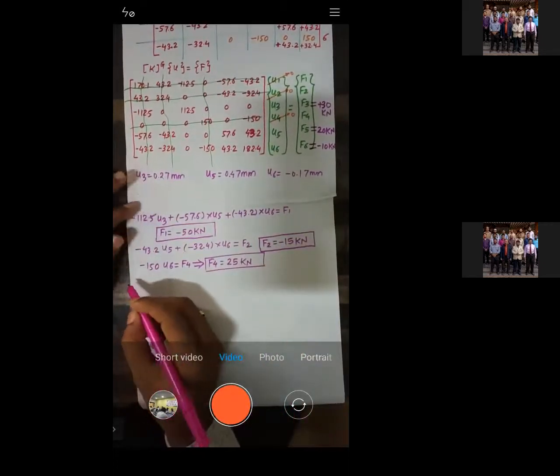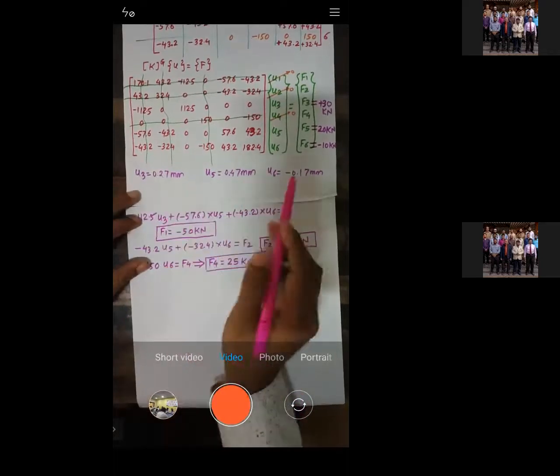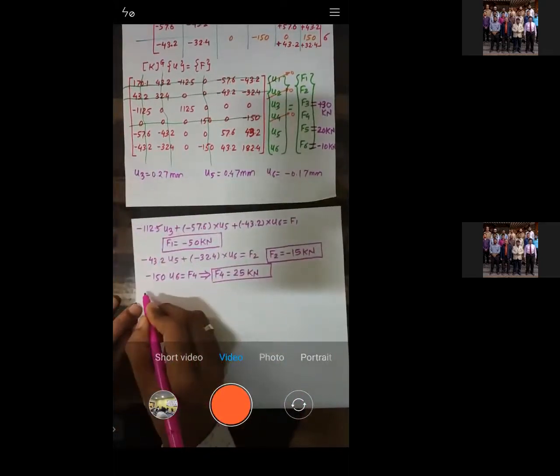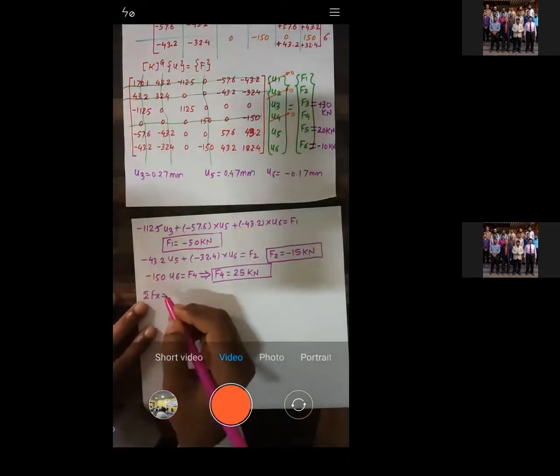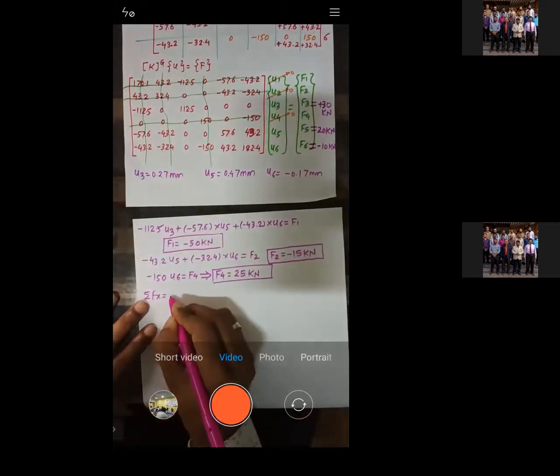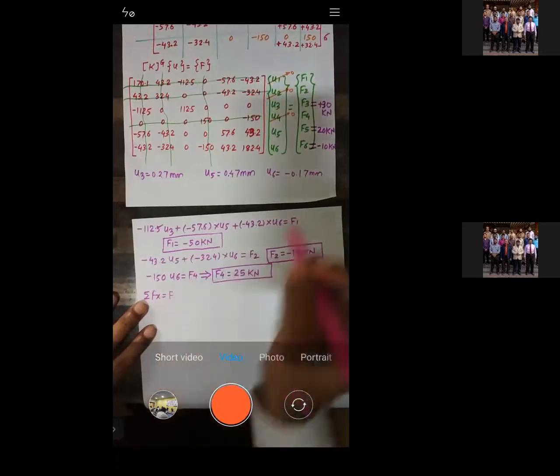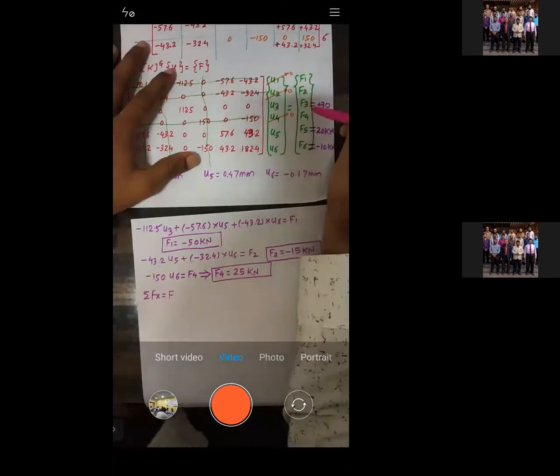Now, as we did for the previous problem, we need to check whether the displacement values that we got are correct or not. For that, we will take the summation of forces in the x direction. As I told you, these are the odd numbers: F1, F3, and F5. F1 is the force at node 1 in x, F3 is the force at node 2 in x, and F5 is the force at node 3 in x.